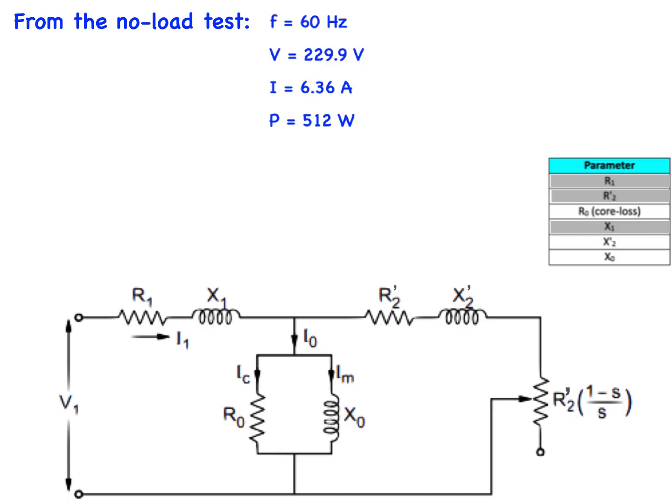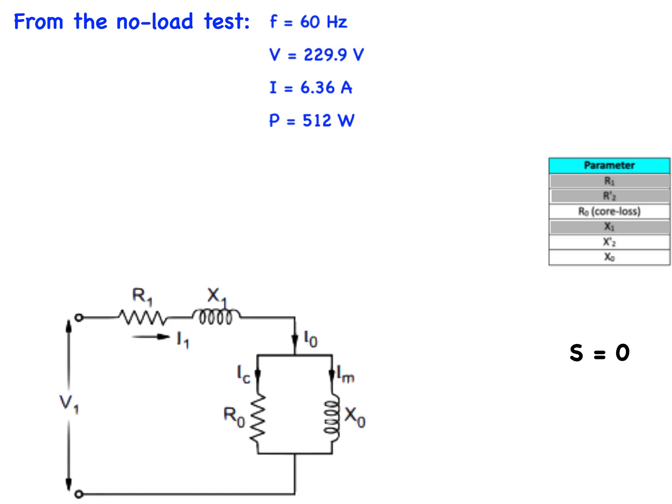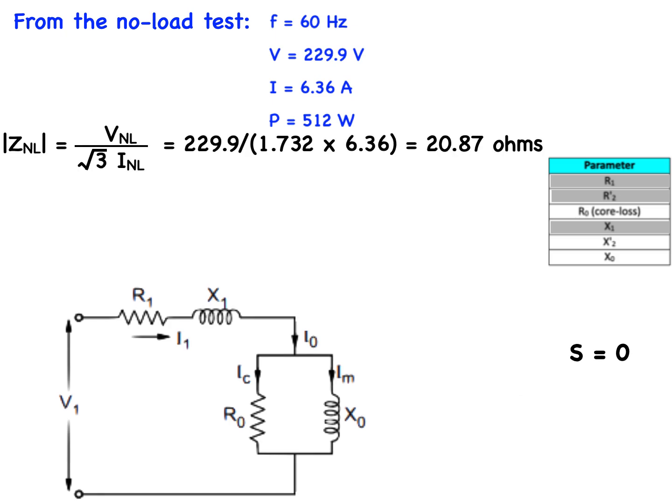The per-phase no-load impedance magnitude, ZNL, is found by using Ohm's law. The phase-to-phase no-load voltage, VNL, must first be changed to the phase-to-neutral voltage by dividing by root 3, and then dividing by the line current, INL.